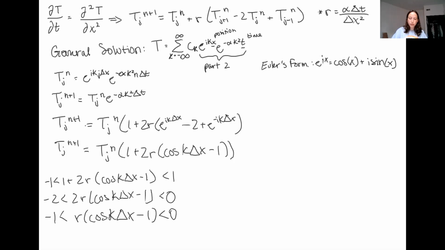Okay, and the smallest possible value for the cosine k delta X is -1. So the smallest possible value for this whole expression in the parentheses is -2. So knowing that, we can set the bound for R.